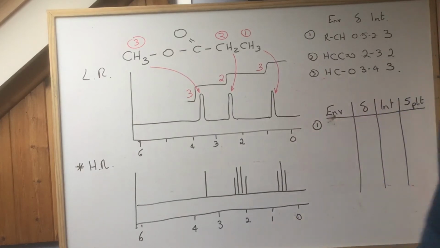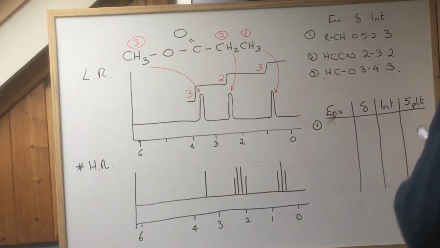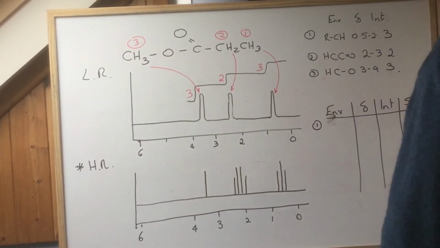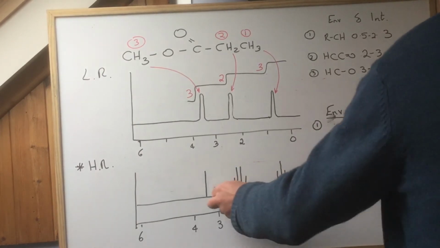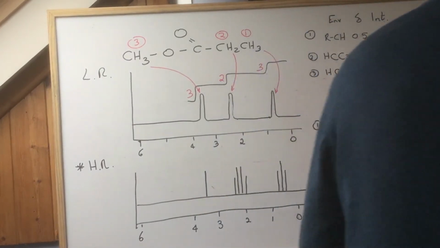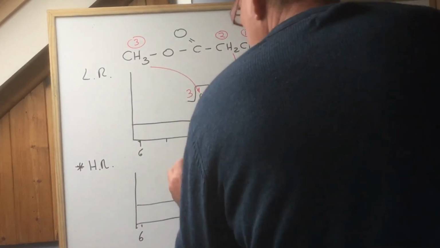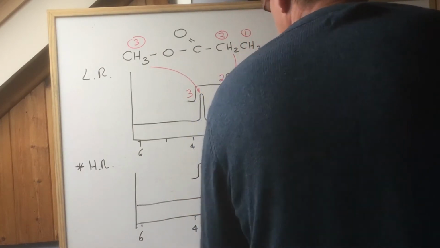At any point you stop this video and you try and do it yourself. Complete this table yourself from this spectrum. Right, so I know what I need to help you, because this won't tell you anything about how many, which is why the integration peak, which I suppose I'll put on over here, is so important. It's just the same as the one above. We haven't altered the number of protons in the environment.